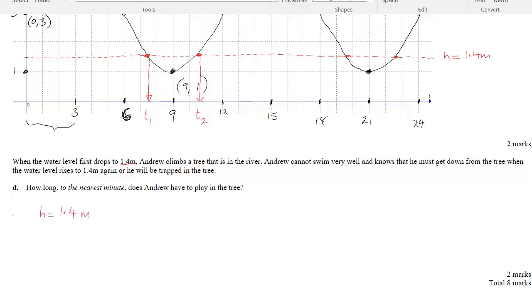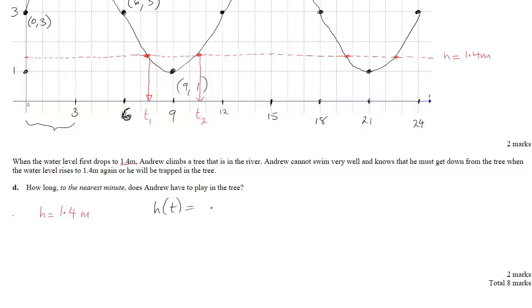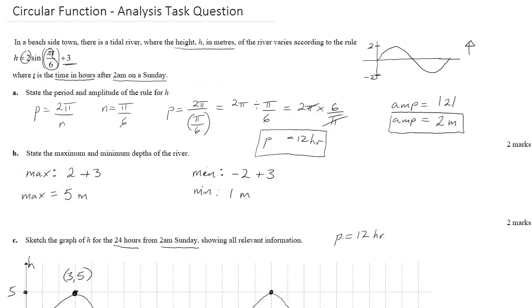And what we can also use is the formula. I believe it's this formula, let me just double check it. 2 sine pi on 6 t plus 3. Perfect.